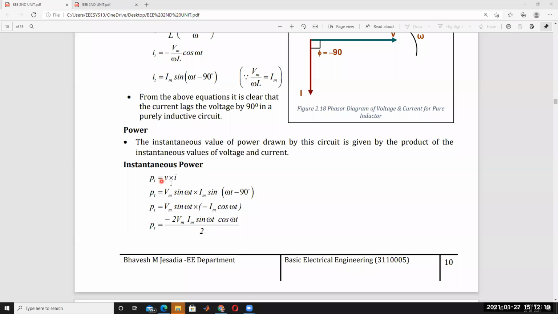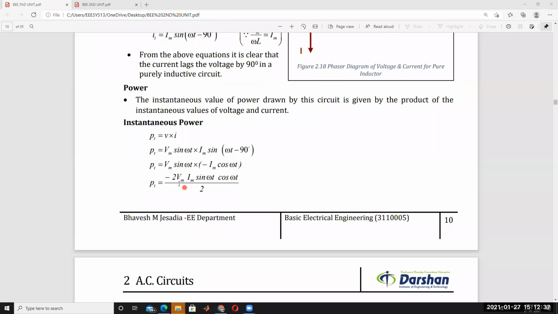Instantaneous power is equal to V into I, where V is equal to Vm sin omega t and I is equal to Im sin omega t minus 90 degrees. Then multiply Vm sin omega t into minus Im cos omega t, and you will get minus 2 Vm Im sin omega t cos omega t by 2.